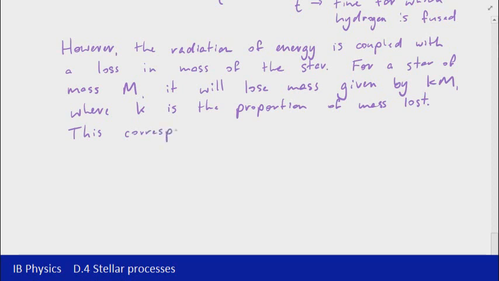And we can figure out how much energy that corresponds to using Einstein's equation, E equals mc squared. Because the mass that's being lost here is kM, E is going to be equal to kM multiplied by c squared.